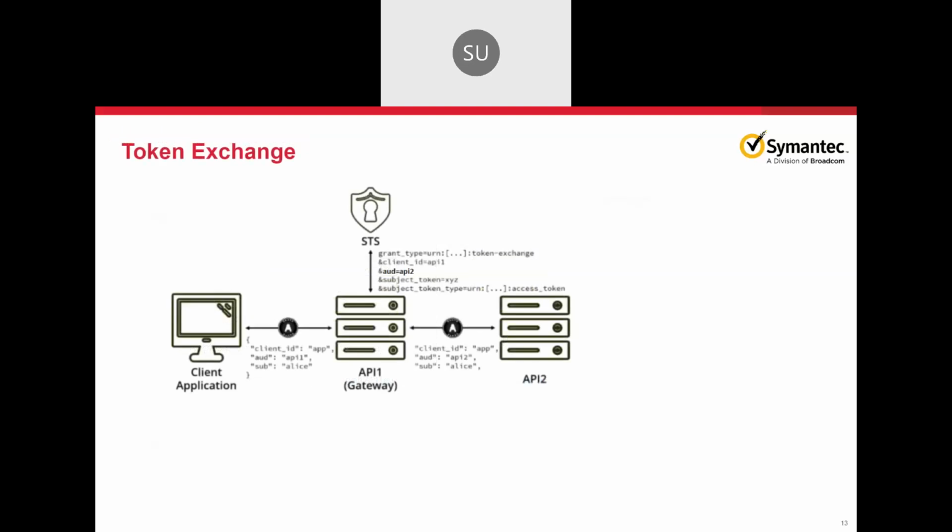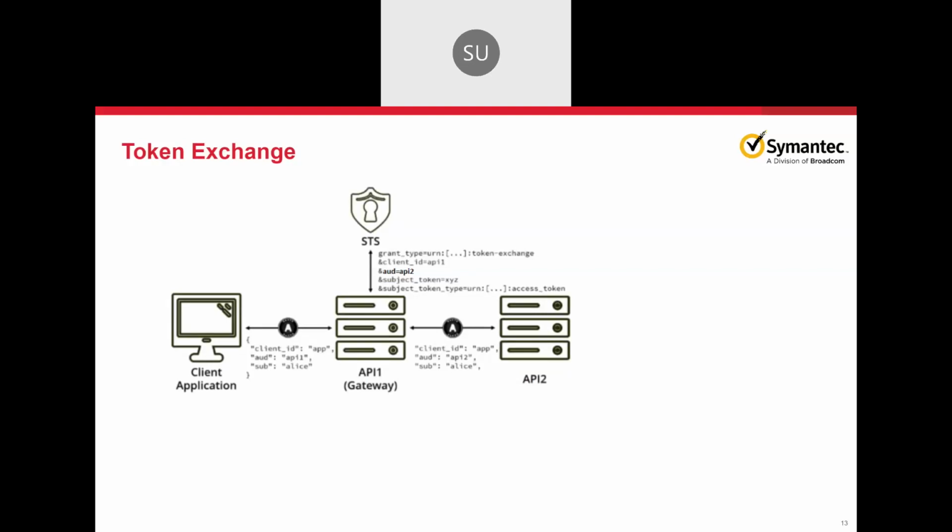In the token exchange protocol, when the client application calls the resource server using the access token, the resource server uses the original token as the subject token and exchanges it for a new token with API 2 as the intended audience. Then it uses the exchanged token to call API 2.